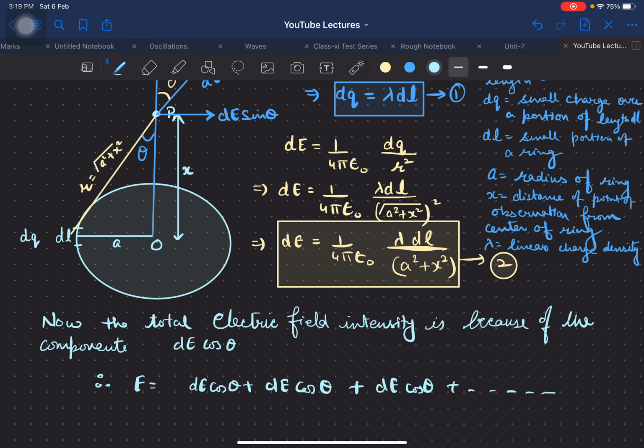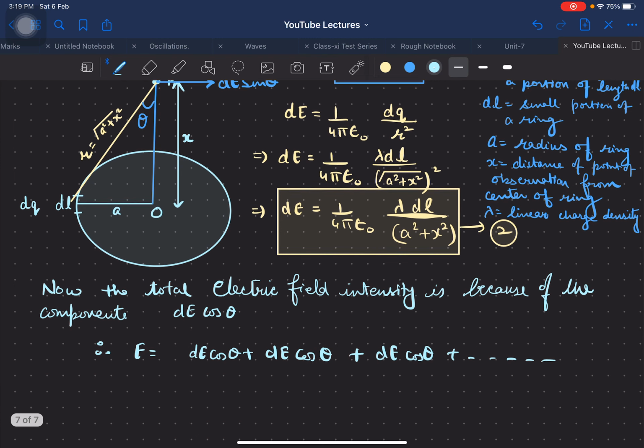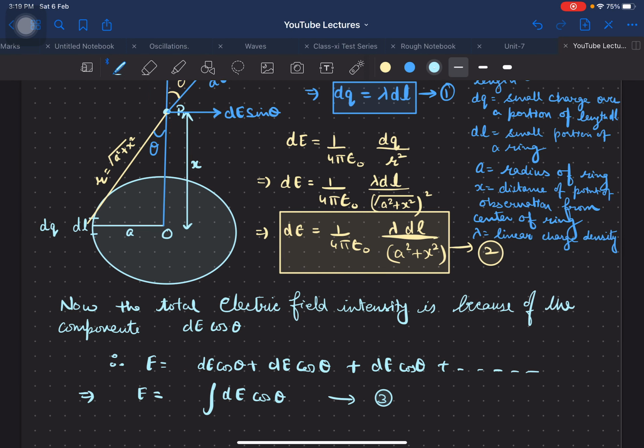But we have already said that this length is divided into an infinite number of parts, so we will not be able to finish it up. That is why the total electric field will be taken as the integral of dE cos theta. So this is our equation number 3, because we cannot continue until we put in the value of angle theta.